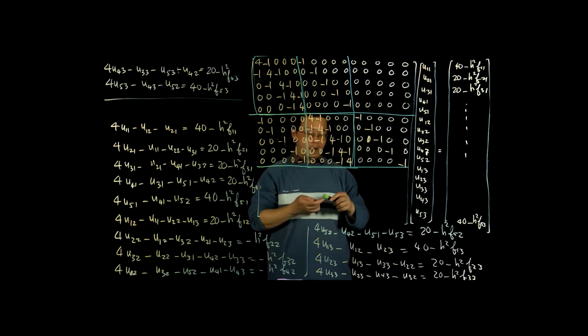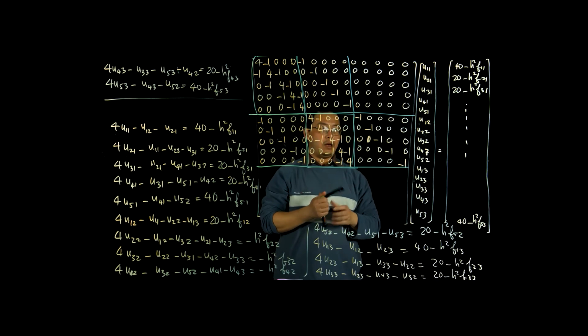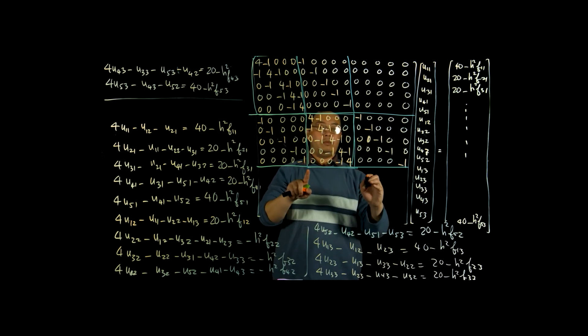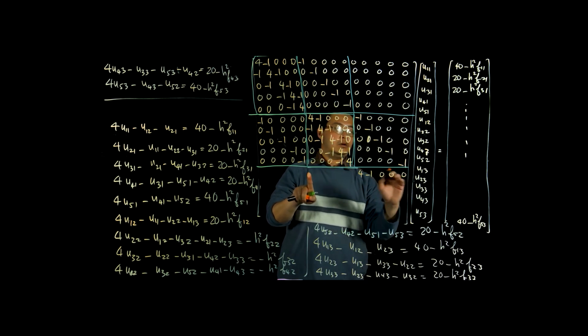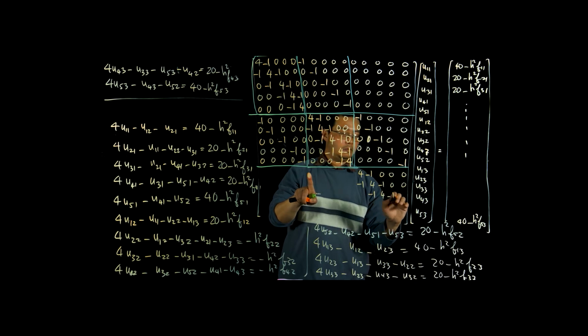Okay, so now you can check, but let me write down. I just make a prediction that this one should be like 4, minus 1, 0, 0, 0, and then minus 1, 4, minus 1, 0, 0, then minus 1, 4, minus 1, 0, and this one will be 4, minus 1, and minus 1, 0, 0. This one will be 4.